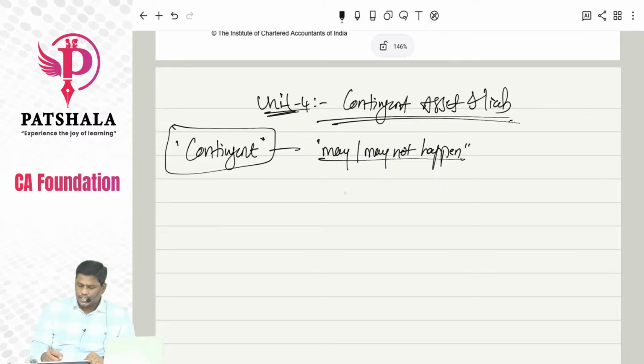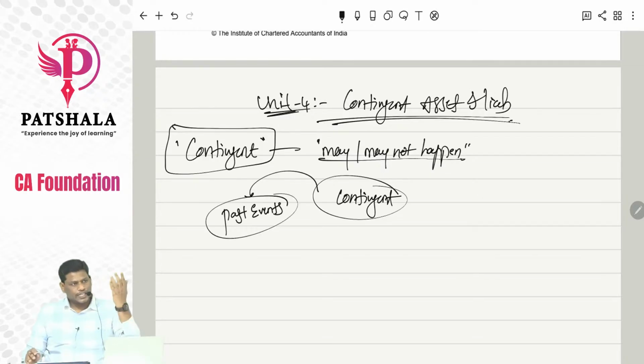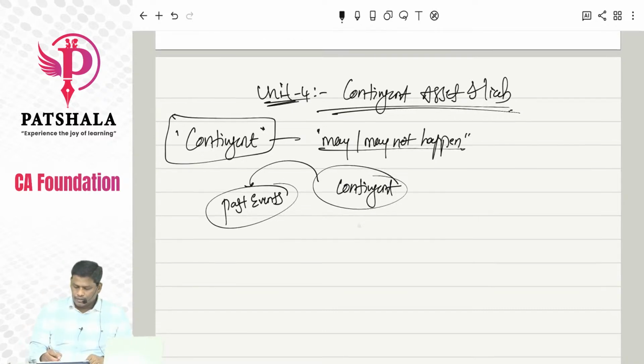For contingent, always remember there will be some past events. Some past event has happened.